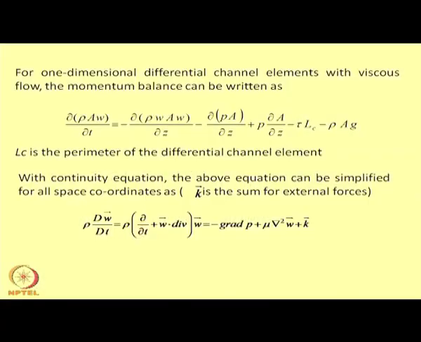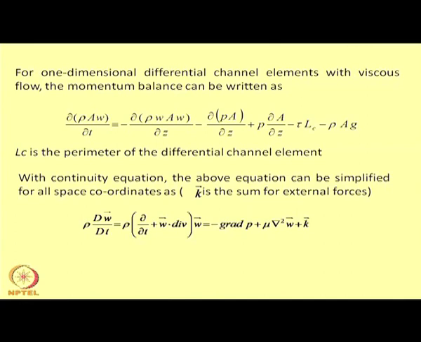So, if we have a curved area, then we would also have to consider the component of pressure which is acting on the additional curved area, and then the next term corresponds to the shear stress. So, the shear stress opposing the flow, and the last term would be the gravity forces. So, for flow through a channel element, this kind of approach can be used to find out what is going to be the velocity distribution and so on.